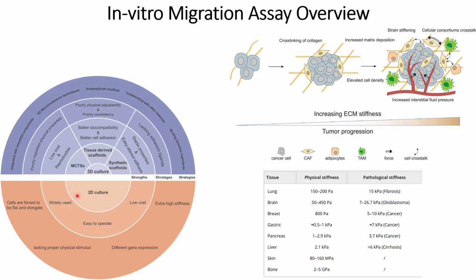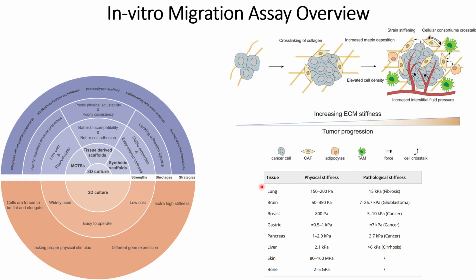Because of its 2D nature, it sometimes gives different gene expression compared to what has been identified in patients affected with a similar kind of disease. And sometimes it provides extra high stiffness compared to what the hydrogels were designed for theoretically. So these are some of the advantages and disadvantages of 2D culture.